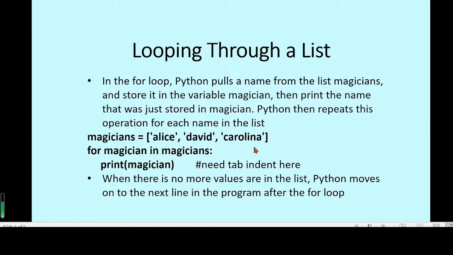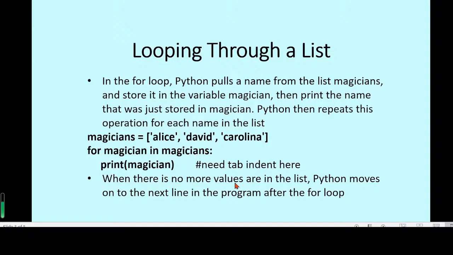So this is a list of magicians with 3 magicians. Then we can write for magician in magicians. So magicians is a list. In the for loop, the variable magician will take each element from magicians and store it in this variable called magician. Then inside the for loop, we print each magician until there's no magician left in this list.